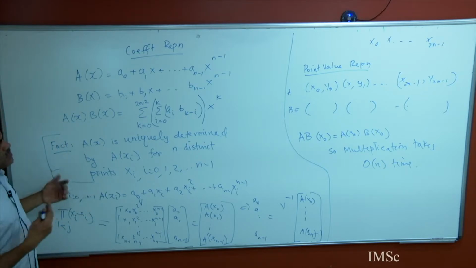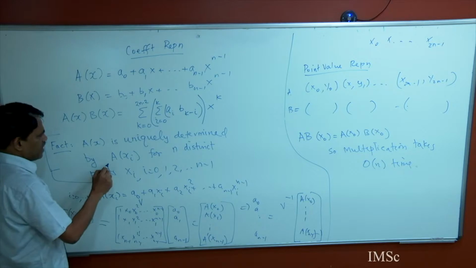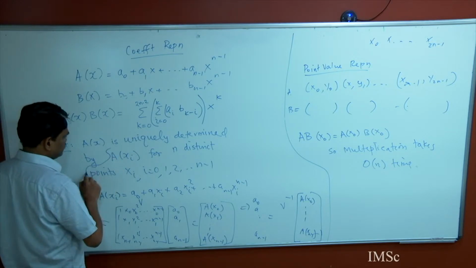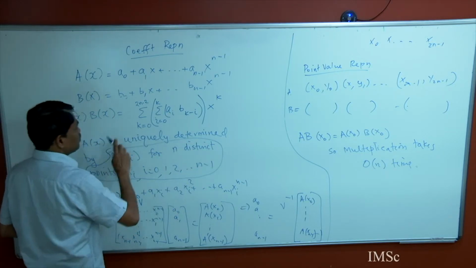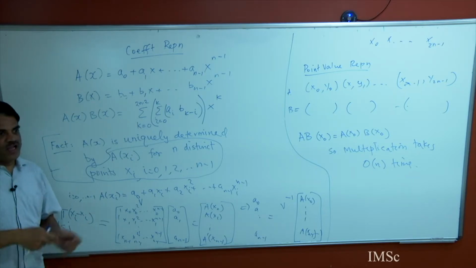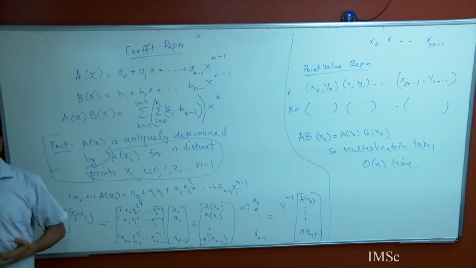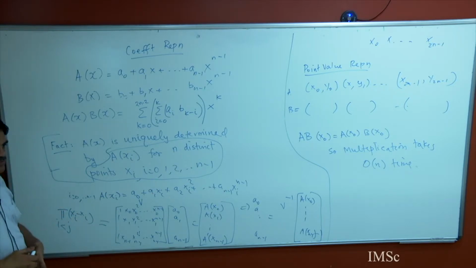How much time does it take to compute this A(xi)? Suppose I am given it in coefficient form. I want to just plug in value x naught, evaluate it, compute it. Plug in value x1, evaluate it, compute it. How much time will it take? N square, right?